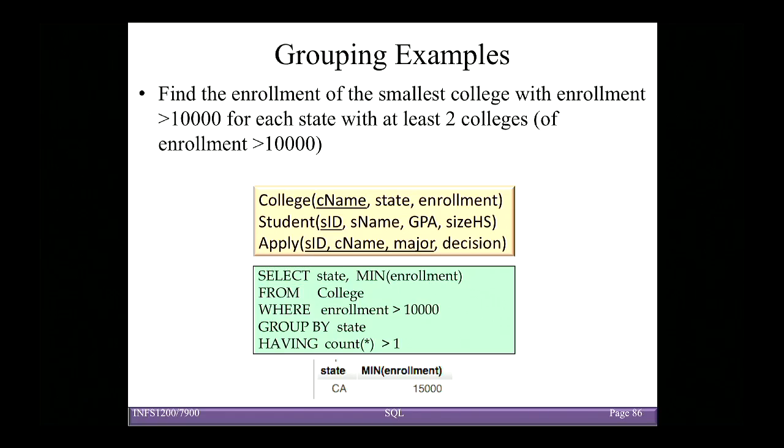Because then you're looking for each state with at least 2 colleges, not necessarily with larger than 10,000 enrollment, which might have been a row that you deleted before because of your where clause. So we'll come back to that example soon.